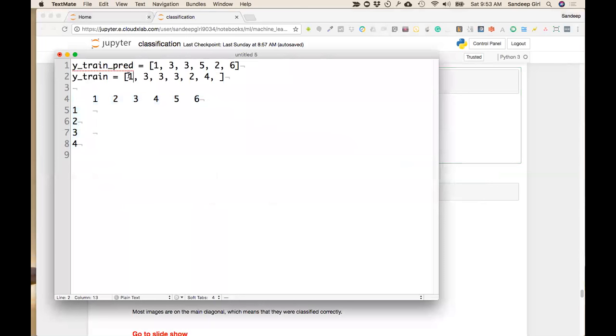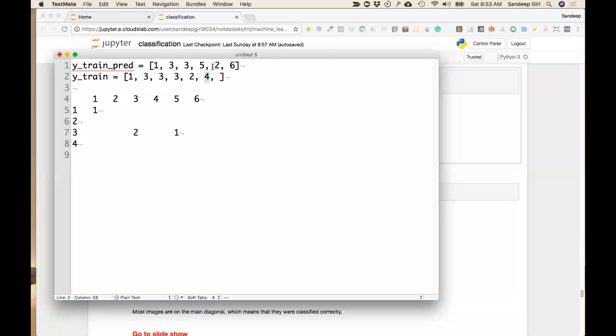Okay, so this and this are predicted as correct. So the value is 1. This and this are predicted as correct again. So the value is again 1. This and this are predicted correctly. So the value is 2, increased by 1. This and this. So 3 got predicted as 5. How many times? 1.